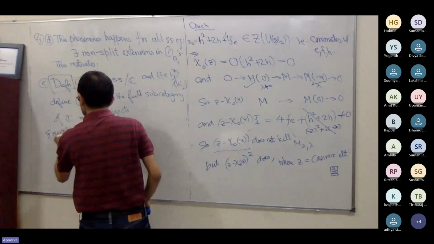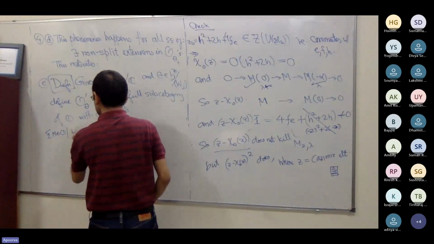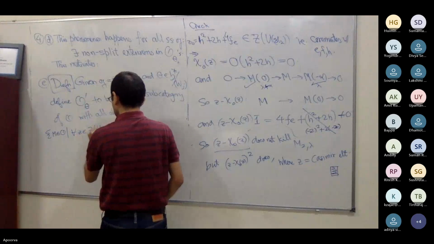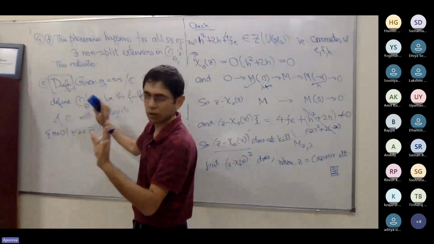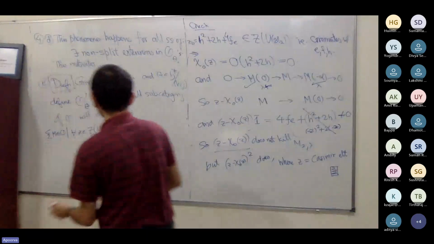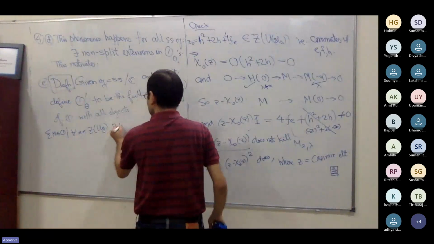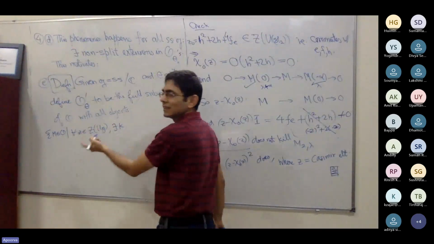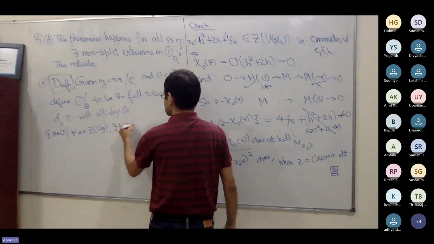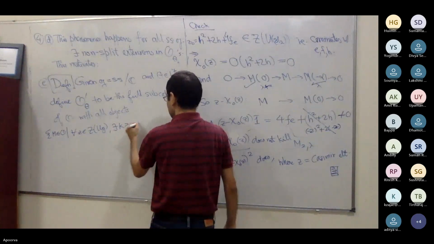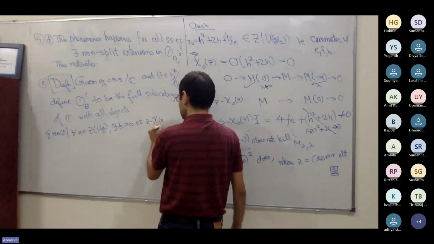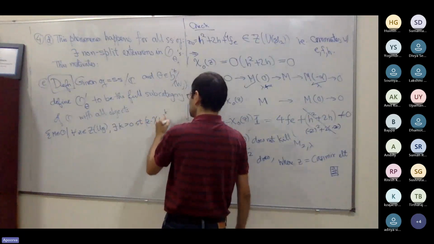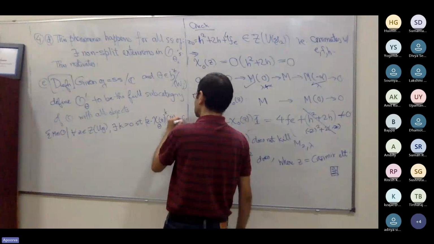M belongs to O such that for all Z in the center, I don't assume M has composition factors coming from theta by central value. There exists an integer k bigger than 0 such that Z minus chi theta of Z to the power k acting on M is 0. Basically, Z minus chi theta is nilpotent.